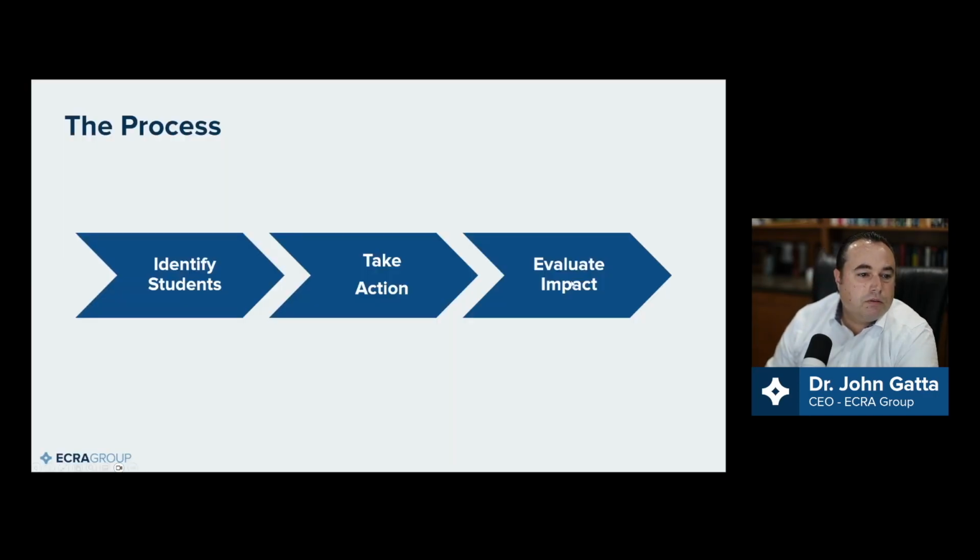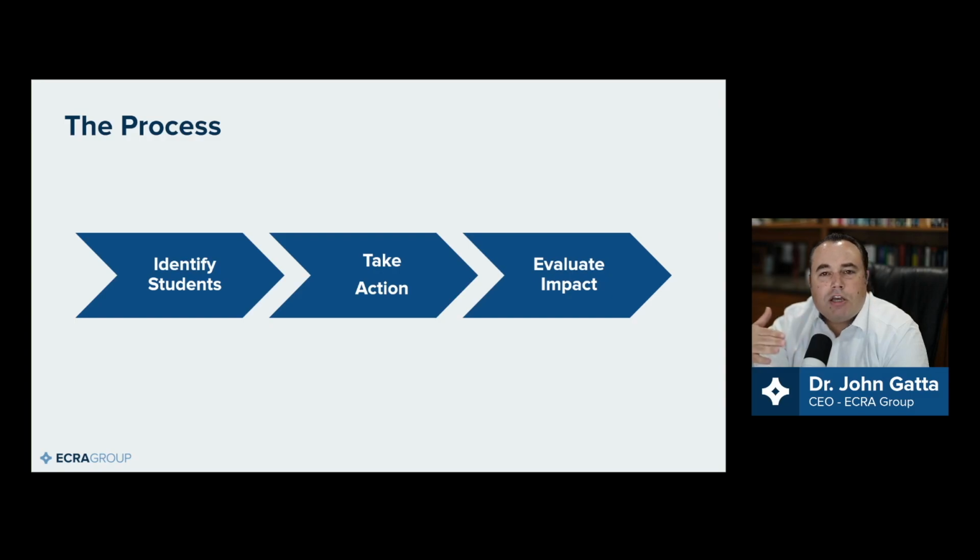So the process that I've been alluding to throughout this presentation so far is this idea of an early warning system is about identifying students, taking action, and evaluating impact, and then just rinse and repeating over and over again. Right.